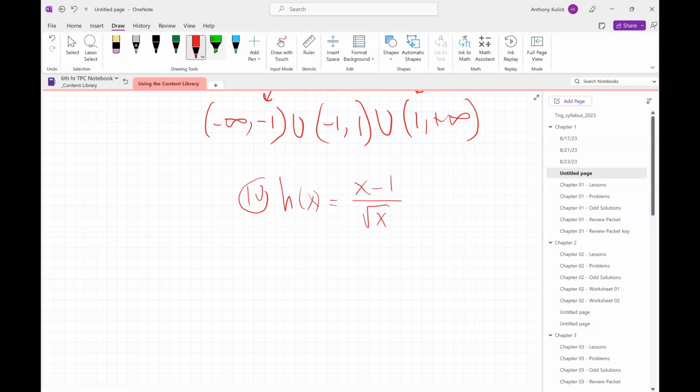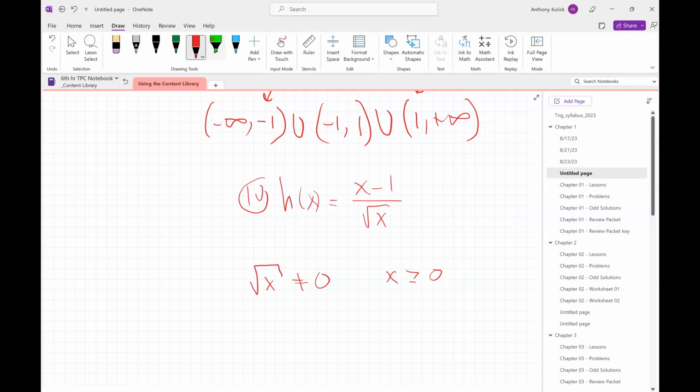So we see subtraction doesn't matter. Division, that matters. The denominator can't equal 0. And then we see a square root. That matters. I know the stuff under the square root can't be negative, so it has to be greater than or equal to 0. So far, so good. Square root of 0 is 0.